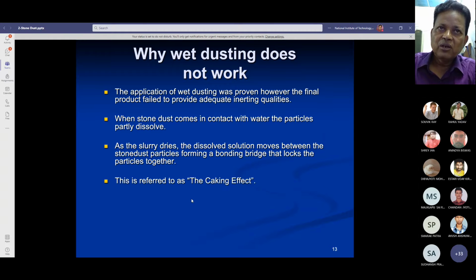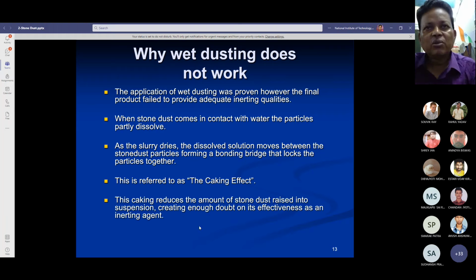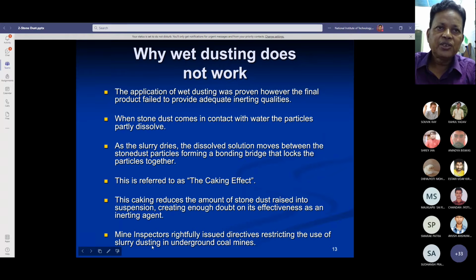This is referred to as the caking effect. This caking reduces the amount of stone dust raised into suspension, creating enough doubt on its effectiveness as an inerting agent. Mine inspectorates rightfully issued directives restricting the use of slurry dusting in underground coal mines.